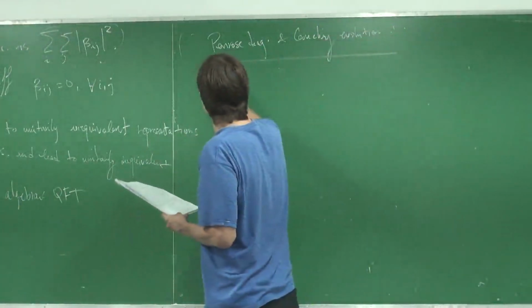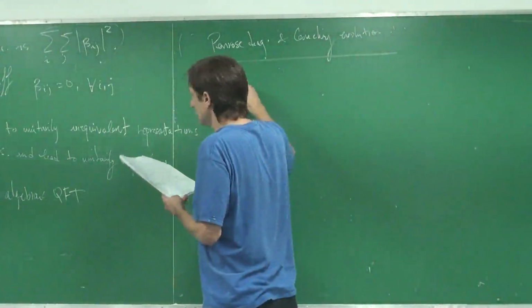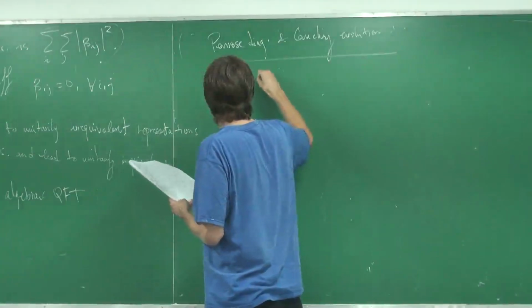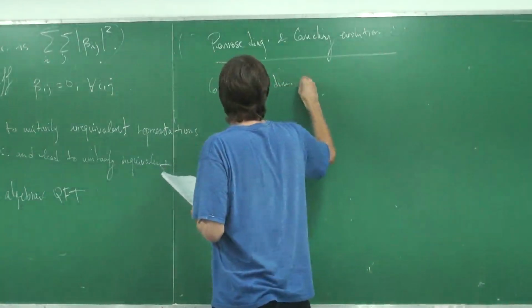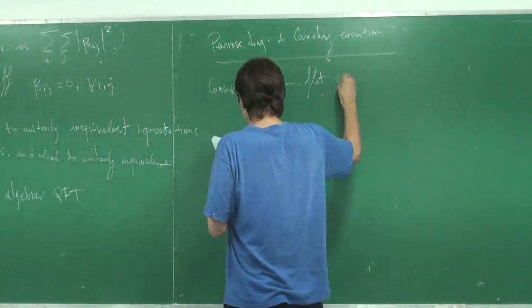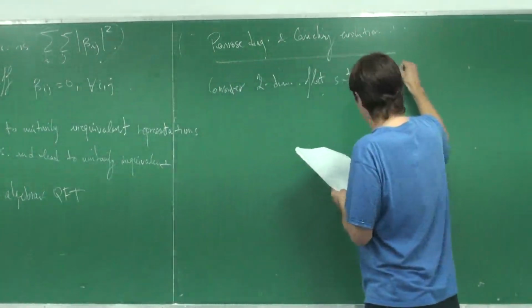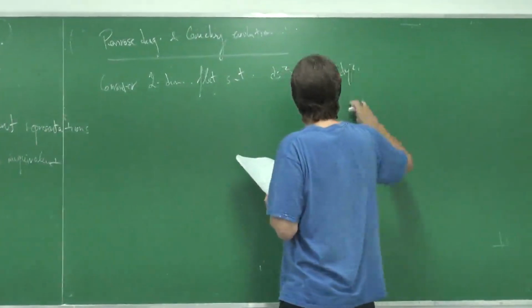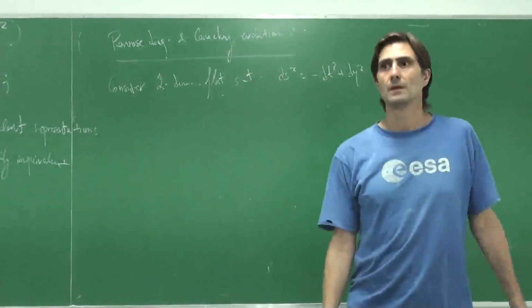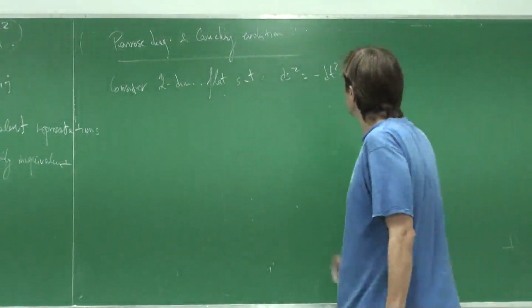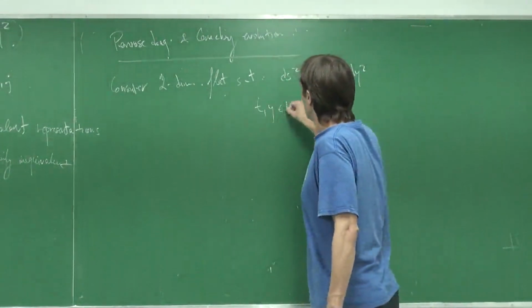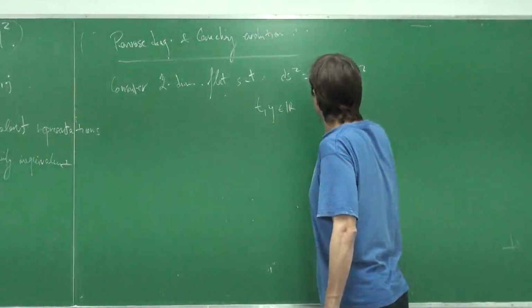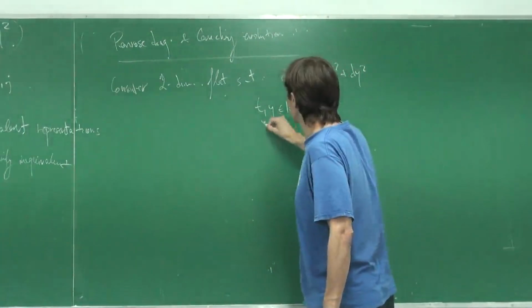Okay, so I'm going to do it for 2D flat space-time. Consider two-dimensional flat space-time. So t and y are just Cartesian coordinates.